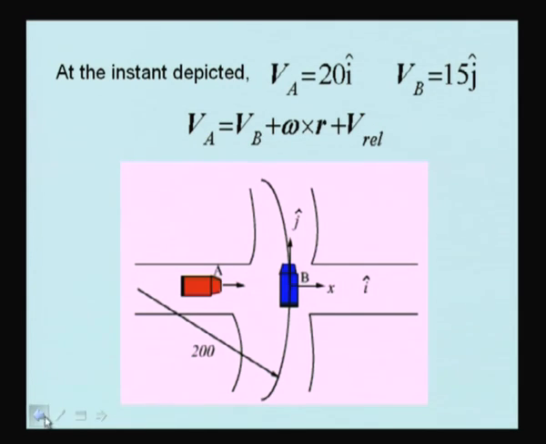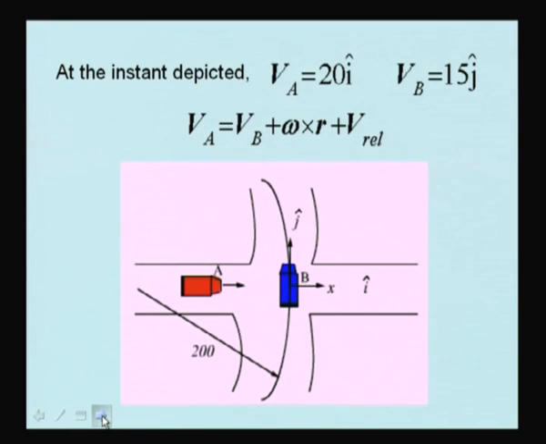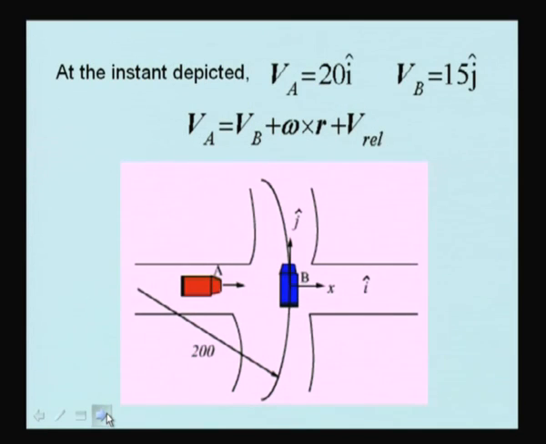At the instant depicted, VA is equal to 20i, because it is mentioned that car A is approaching car B with a constant speed of 20 meters per second. Therefore, VA comes out to be 20i. VB is moving with 15 meters per second on a circular path. At the instant depicted, VB will be equal to 15j.